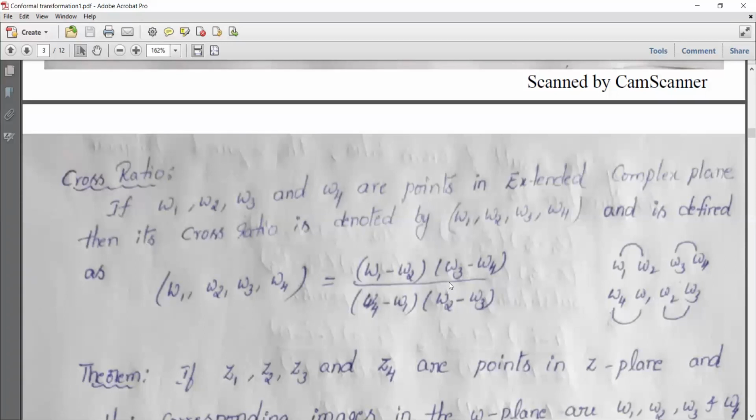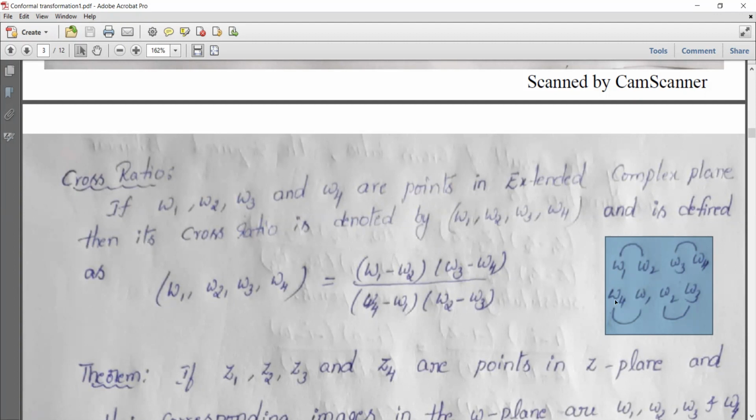Easily you can remember this ratio with the help of this picture. First you write all the 4 points generally, that is W1, W2, W3, W4. In the next line, you start with W4, then W1, then W2, then W3. In the numerator, we take W1 minus W2 and then W3 minus W4, the product of these two.